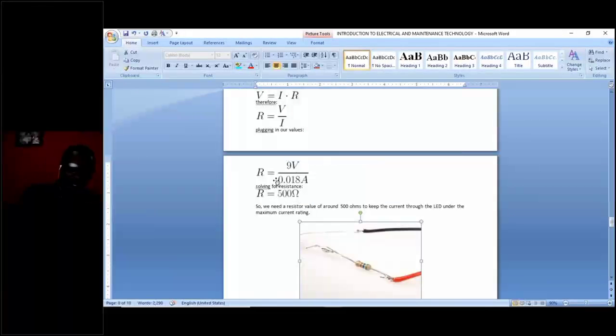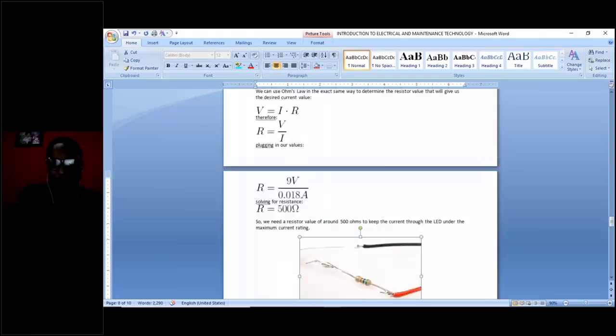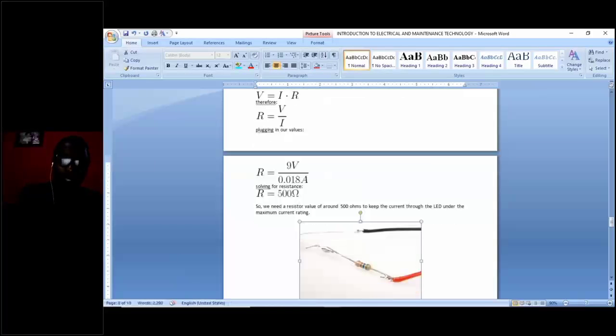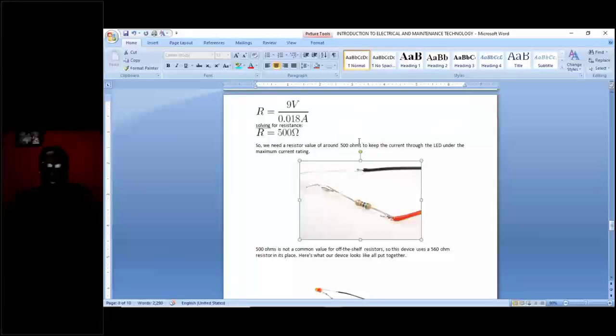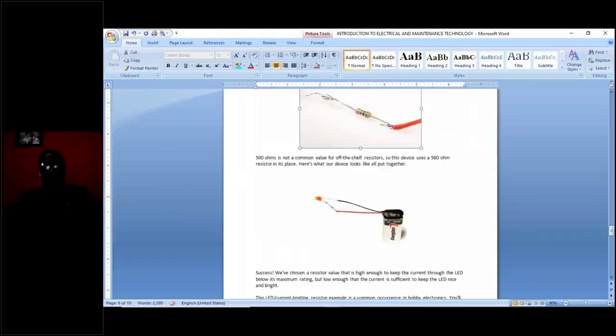In essence, we determine what amount of resistance we need for the current flowing through that circuit not to exceed the normal current rating that will destroy that LED. Mathematically, from that 9-volt battery and the current rating of 18 milliamps, we need a resistance of 500 ohms, solving from Ohm's law.